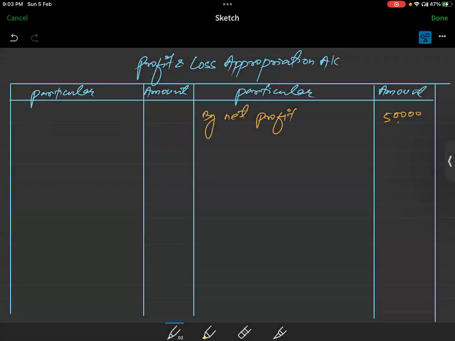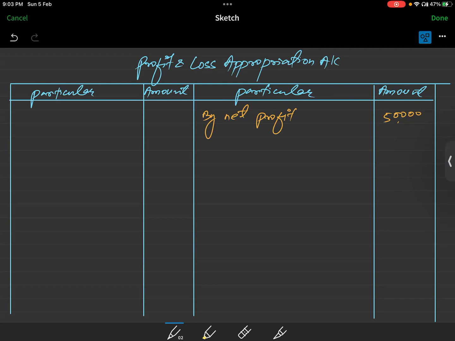After that, the question says that interest on capital is required to be paid to the partners at the rate of 6% per annum. So on the capital contribution by A and B, we will be paying 6% interest on a per annum basis. All right. So 6% on 50,000 will be 3,000, and 6% on 30,000 will be 1,800.